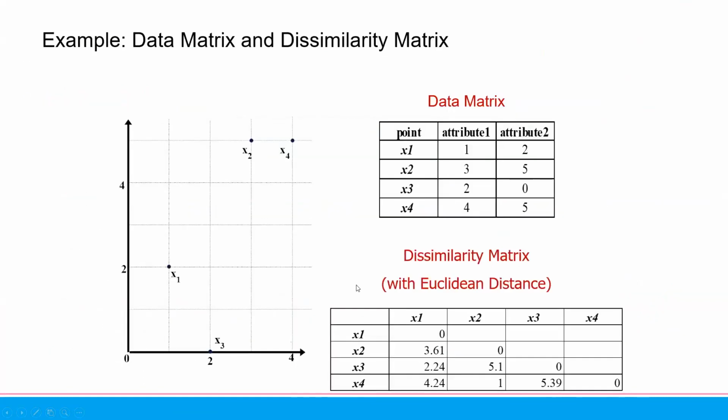It means we have x2, x1, so we have 3.61. This value will be the same as this one. x1 and x2 will have the same value as x2, x1. So this is the symmetry.